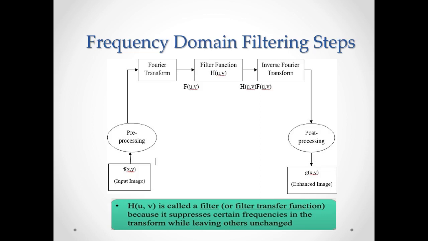In the next step, the filter function H(u,v) is considered, which is the filter in frequency domain, and these two values will be multiplied to get G(u,v), which is equal to H(u,v) into F(u,v).